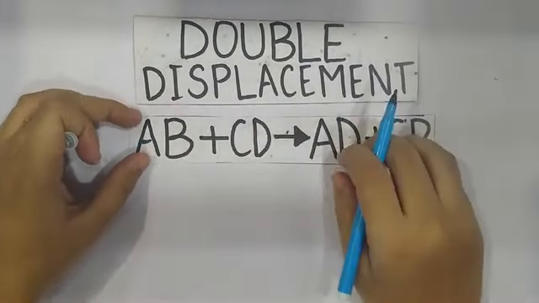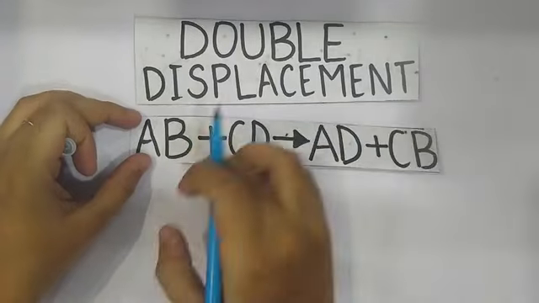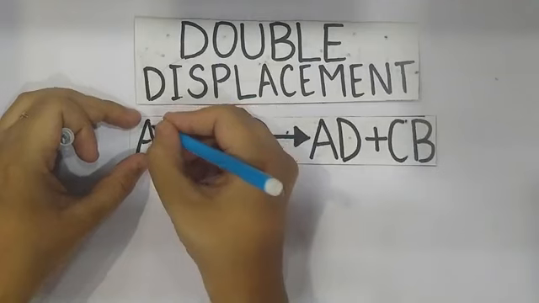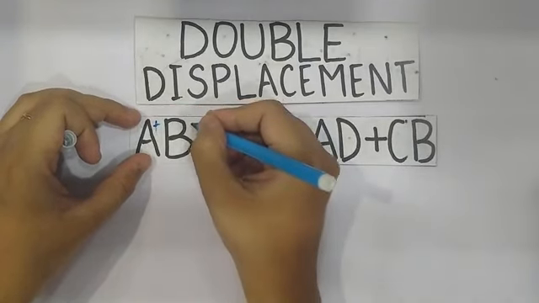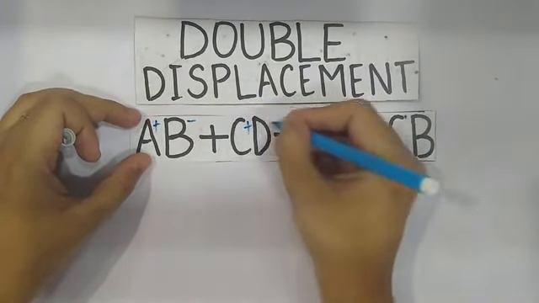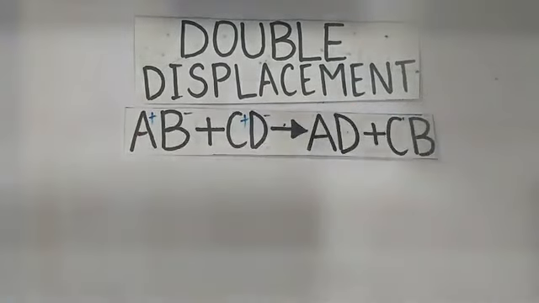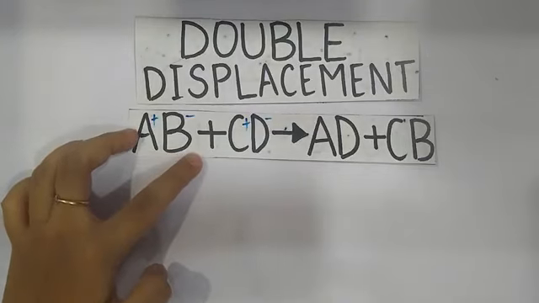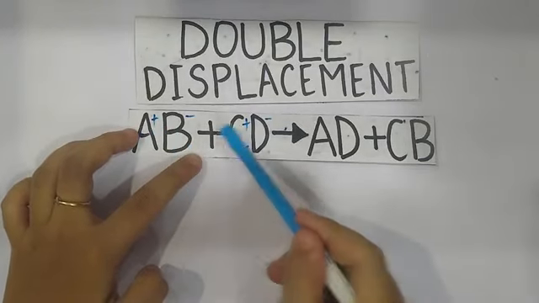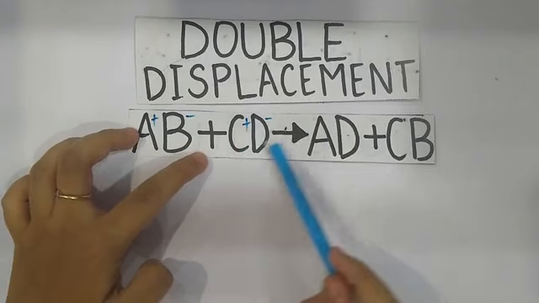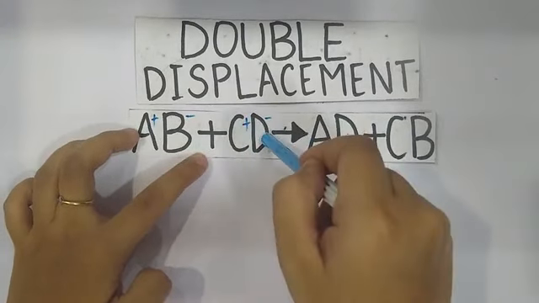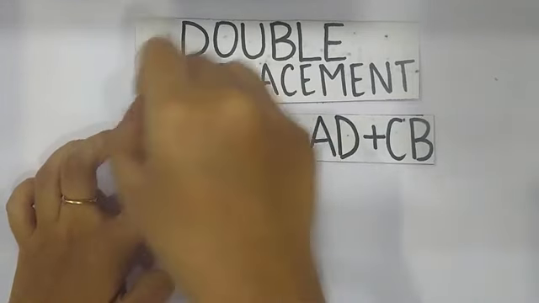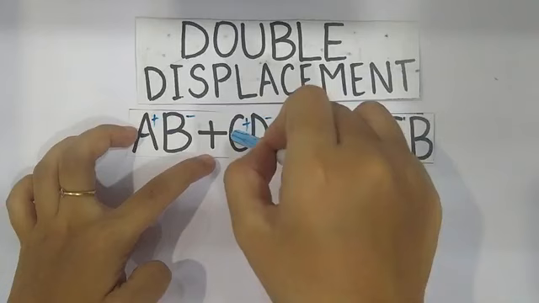Now I told you previously that when a compound is formed, one of the elements will be positive and the other element will be negative. Same here, alright? So you know that positive gets attracted to negative. So that is why AB and CD combine to give us AD. If A is not reacting with B, then it is reacting with D, but not with C. Why?